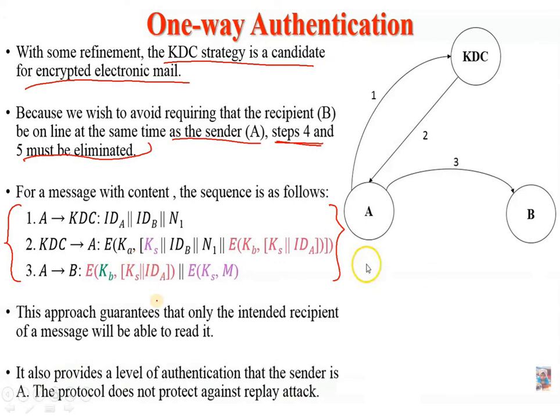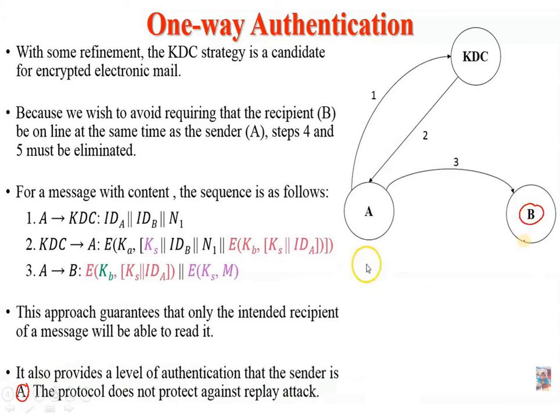This approach guarantees that only the intended recipient of the message will be able to read it. Who is the recipient? He only can read the message; others can't read the message. It also provides a level of authentication that the sender is A. It tells recipient B who the sender is.